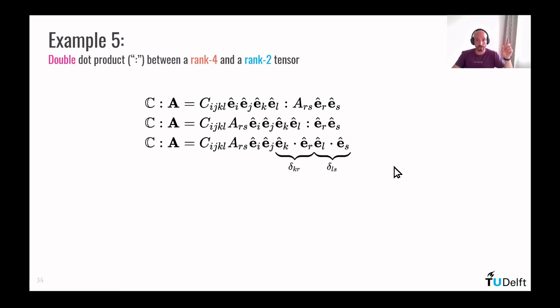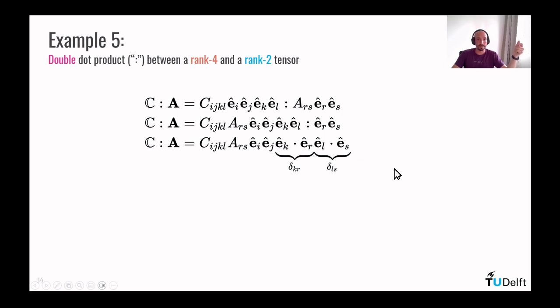The double dot product is performed by doing the dot product between the second term to the left with the first term of the right, and the dot product between the first term to the left and second term to the right, which is this one. It means that K must be equal to R and L must be equal to S, so I can replace K by R or R by K and replace S by L or L by S.